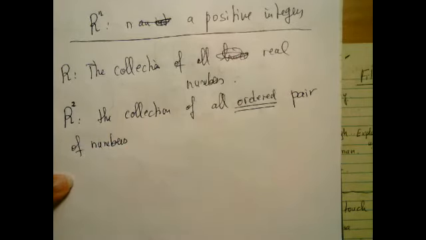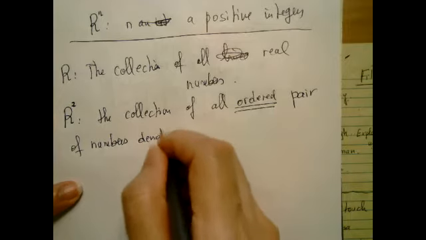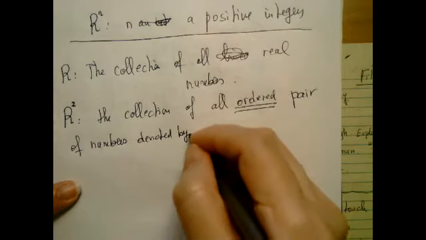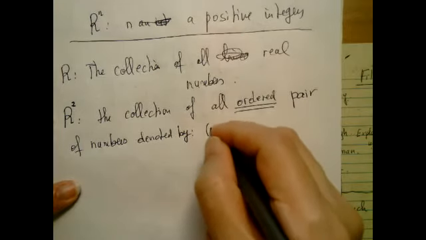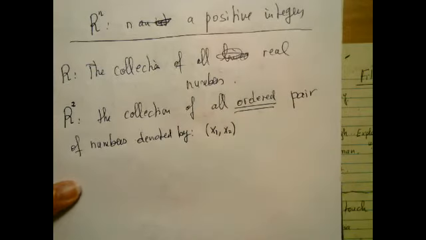When we think R^2, it means a collection of all ordered pairs of numbers. Now, how do we write those numbers? We can denote them by the notation you want. One way, I can denote an ordered pair x1, comma, x2, nothing more. That's an ordered pair, which represents the points in the plane.